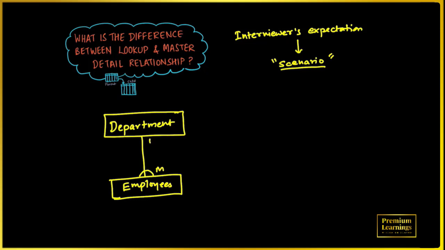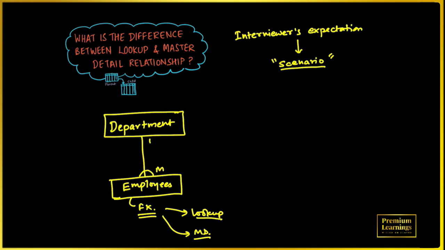Now, to explain this, you can give a scenario that we want to establish a relationship between these two tables. That is, we need to create a foreign key in the child table. That foreign key can be a lookup relationship or it can be a master detail relationship.